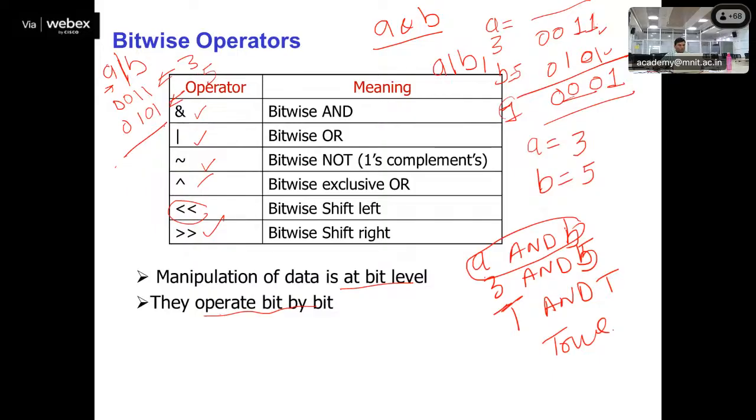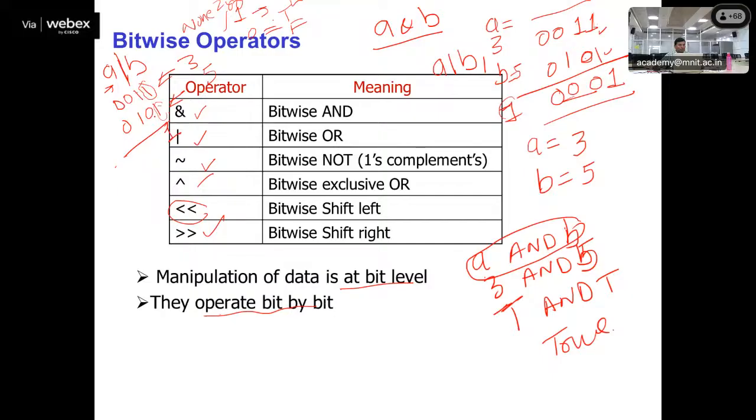Now what the OR operator says is that whenever the value in the first operand or the second operand is 1, where 1 represents true and 0 represents false, or any non-zero value represents true. So if both are 1, we get 1.